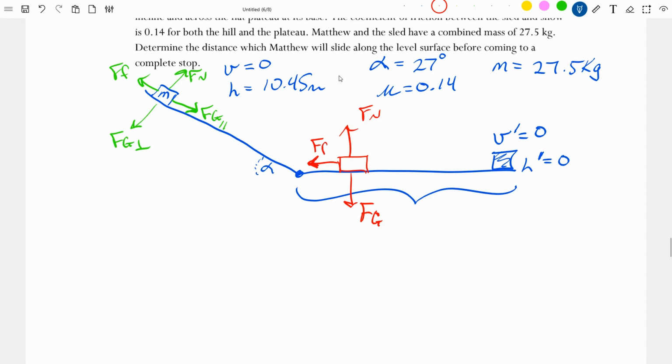So force of friction. Friction was opposite of the movement throughout, although I'm reluctant to say that that's always true, but in this case it certainly was. And we want to know how far he slides along this portion.